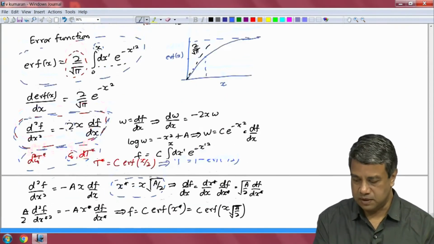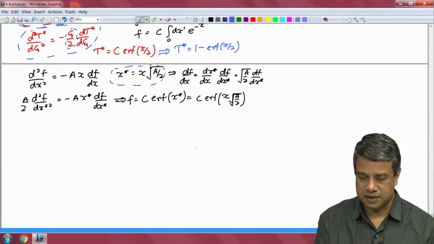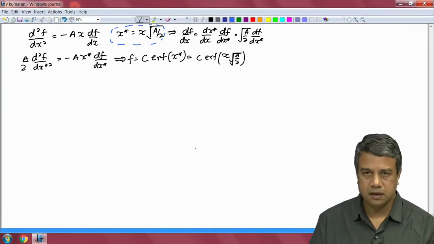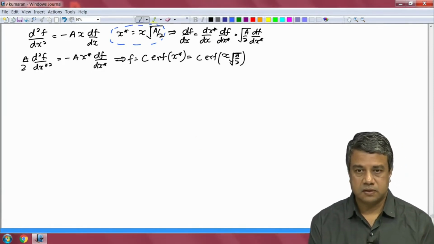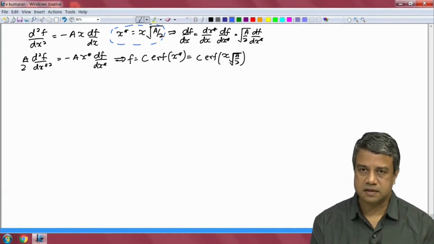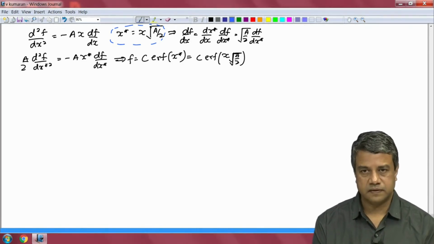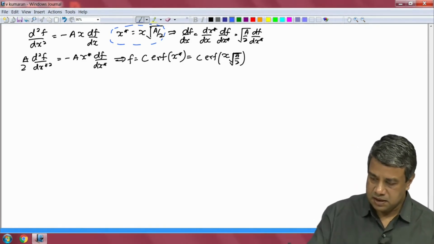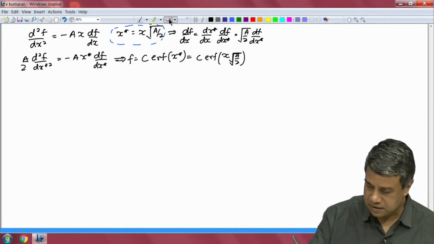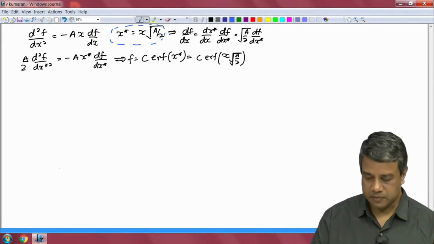So, that is how you evaluate these functions numerically. So, that is the solution that we had obtained using similarity transforms for this diffusion into an infinite domain for heat transfer. The same solution actually applies for mass or momentum transfer.